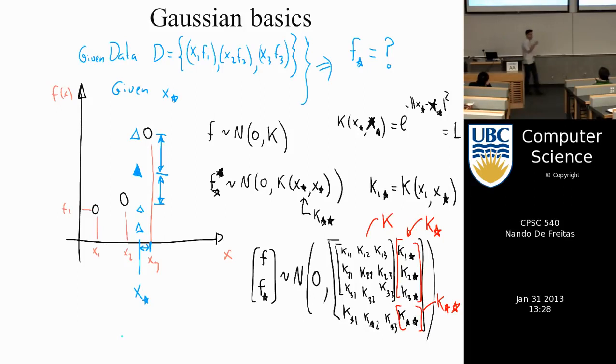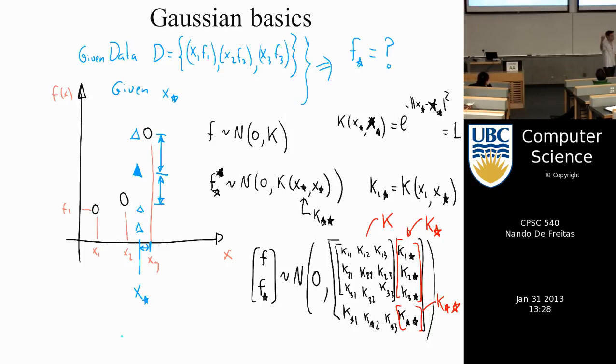So now we have a joint distribution over f and f star. If I ask you to get me the conditional of f star given f, what do you do? How would you go about it? Just use the theorem.